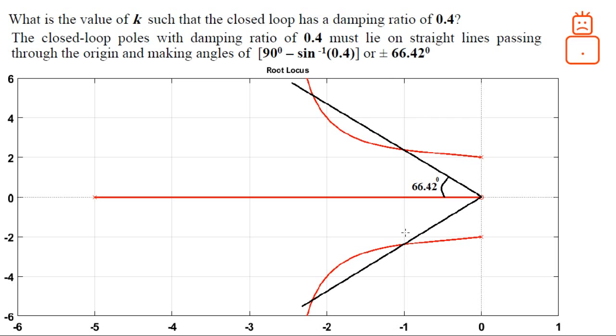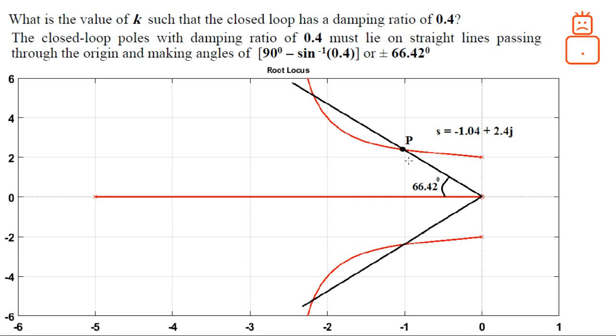What we need to know is the values of the poles at this point and this point, or this point, it doesn't matter, because you're going to take the absolute value for the roots anyhow. At this point, the approximate value of the root here is minus 1.04 plus 2.4j, whereas for this point here it is minus 2.2 plus 5j. This is an approximate value that I estimated from the figure.